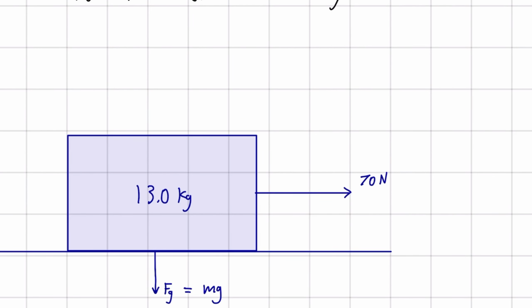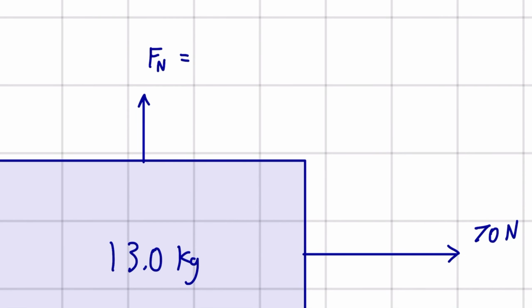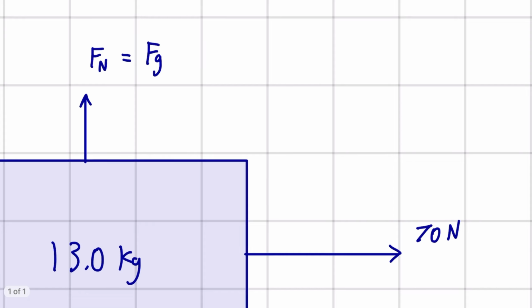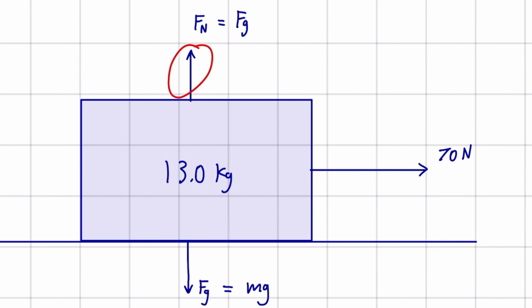And another force we're going to have is the opposite of the gravity. That's the normal force. Call it Fn. And in this case, it is equal to Fg. Because these two forces are in opposite directions but equal in magnitude.